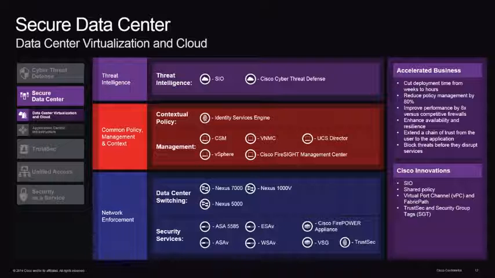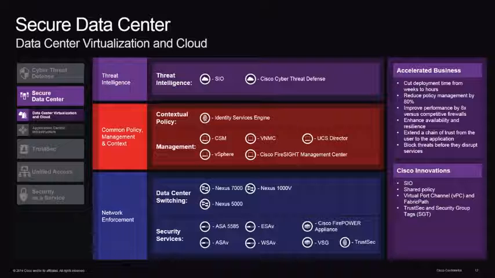VSG also supports dynamic provisioning of security policies and trust zones during virtual machine instantiation and policy portability during VM movement. Cisco TrustSec provides an access control solution that builds upon an existing identity-aware infrastructure to ensure data confidentiality between network devices to integrate security access services on one platform.